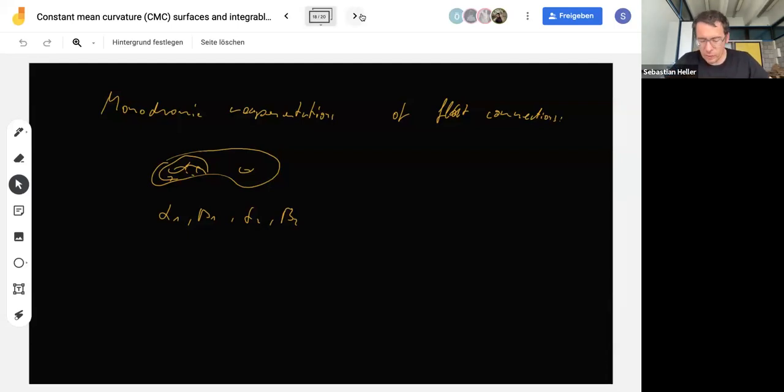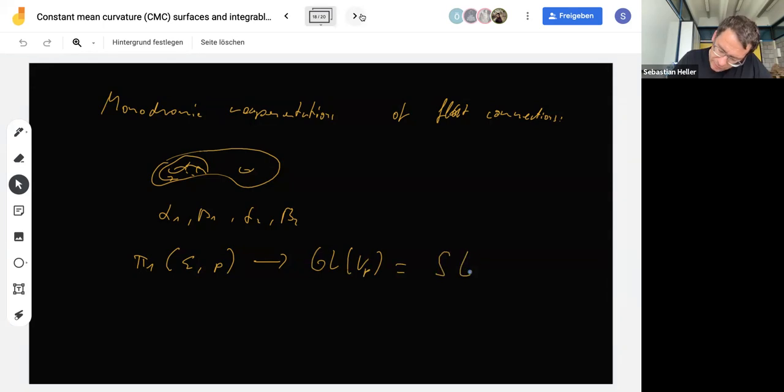So we get a map from the first fundamental group of our Riemann surface based at a point P into the invertible endomorphisms of the fiber, so into GL of the fiber. But in our case, we have SL2C connections, so actually we map into SL2C. And this is the monodromy representation.